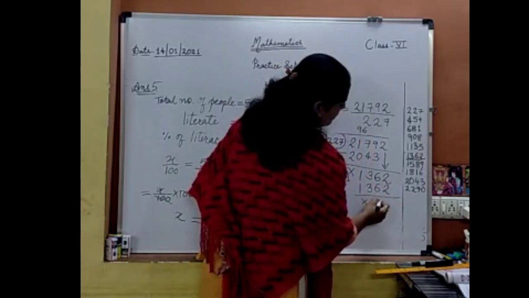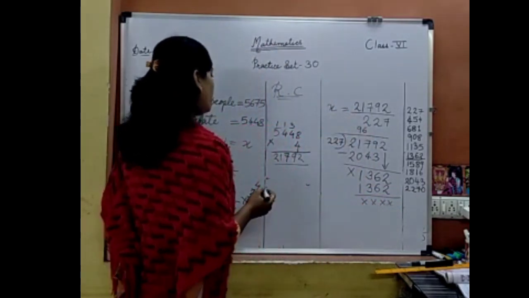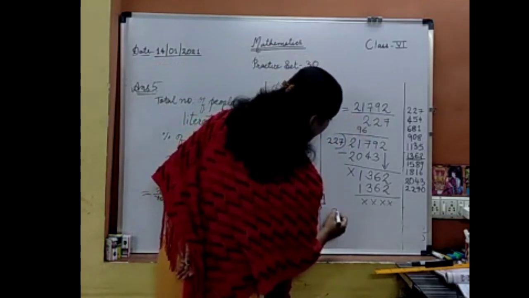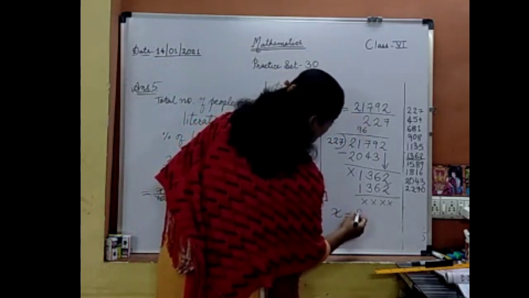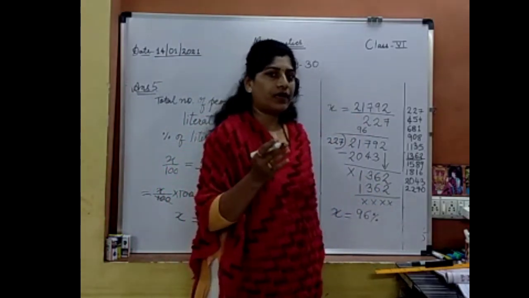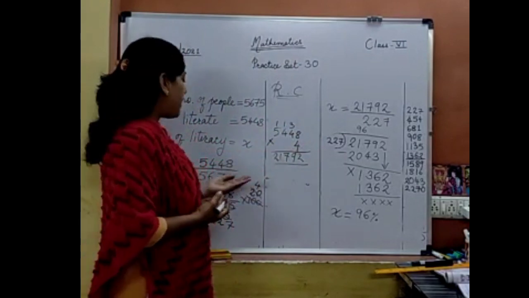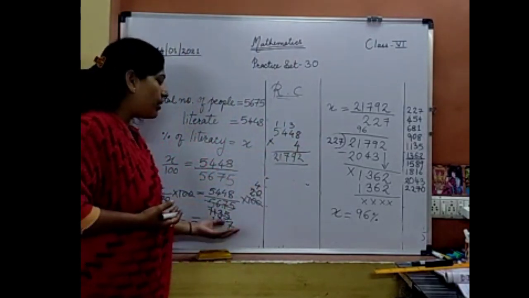Here the remainder is 0 and the answer is 96. So we can write it as x is equal to 96%. So it is quite difficult, but you can make it easy by making the number smaller.